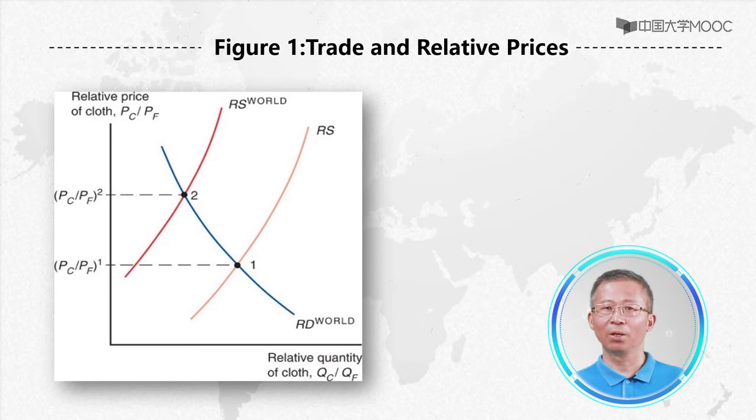What is important is that the economy faces a different relative price when it is open to international trade. For example, look at figure 1. If international trade results in an increase in the relative price of clothes, the change is from PC over PF1 to PC over PF2.